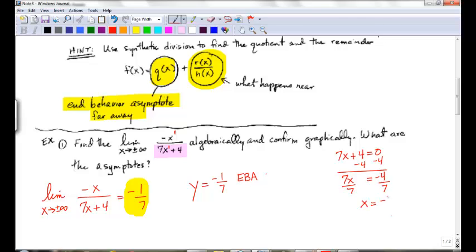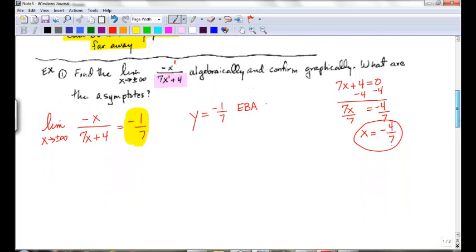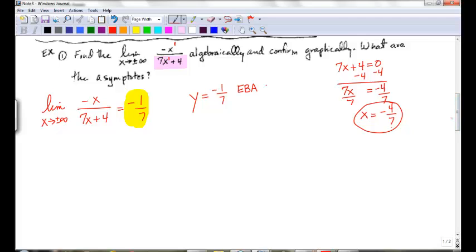If x was negative 4/7, we'd have division by 0. So x cannot be that. That is either an open circle or a vertical asymptote. In this case, it's going to be a vertical asymptote.